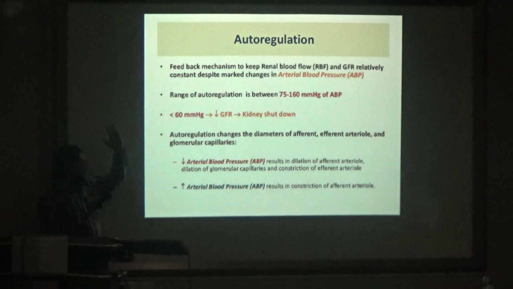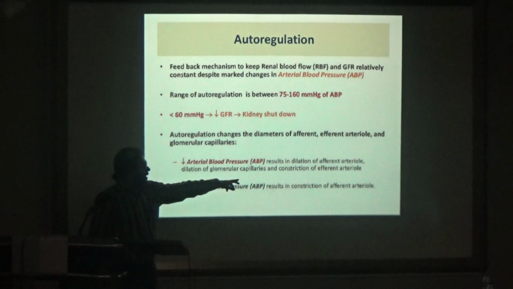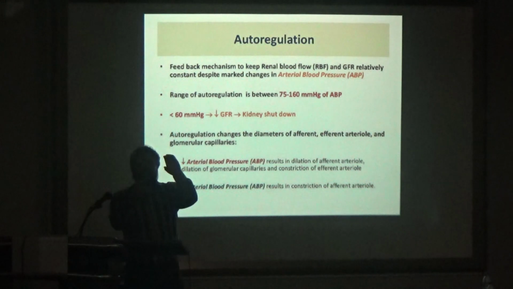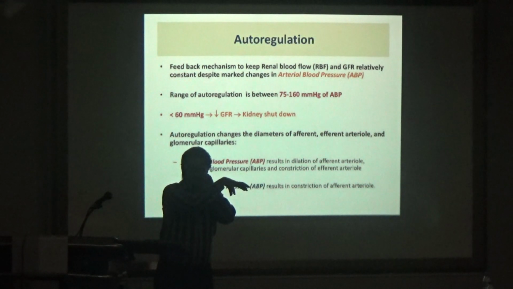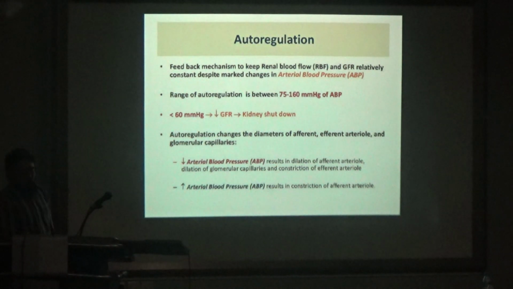What if the blood pressure goes up? Mainly what happens is with the afferent. The afferent is constricted so that less blood comes in, so less pressure. This is the idea about autoregulation.